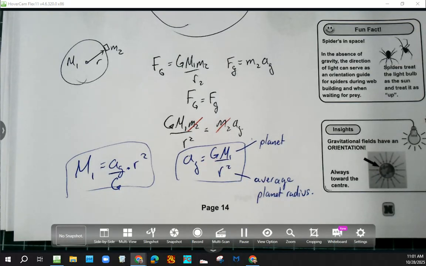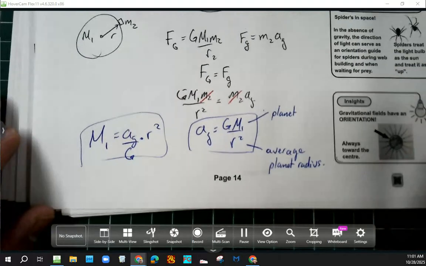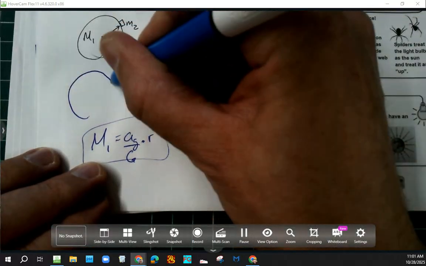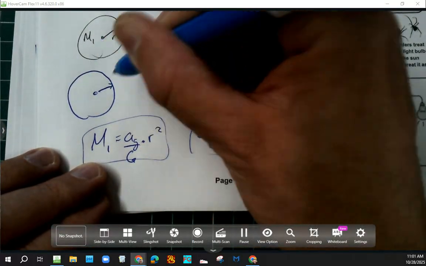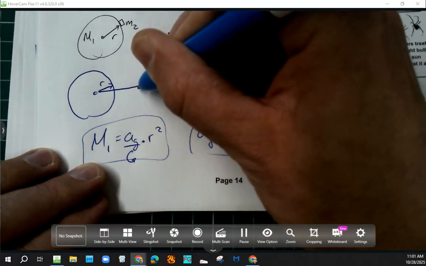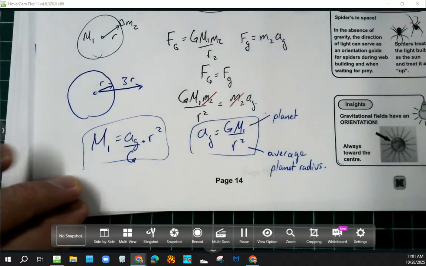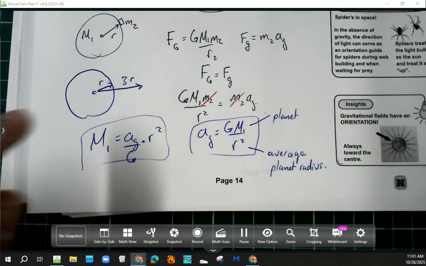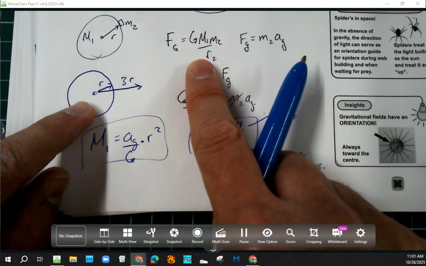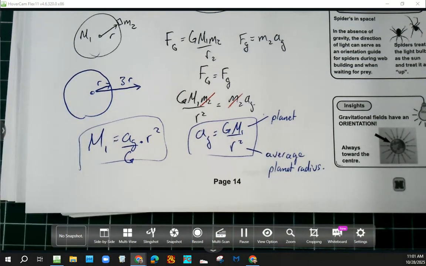Okay? Now sometimes people will do something like this. They'll say, well, if I'm at the surface of the Earth, how would the force due to gravity compare to when I'm 3 times farther away from the center of the Earth? Don't you figure we could use this equation to do something like that? And a popular thing that people do with that is set it up as a ratio.